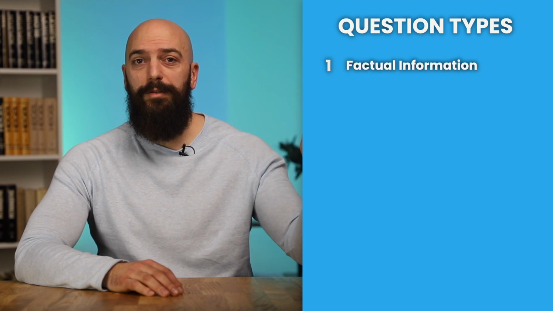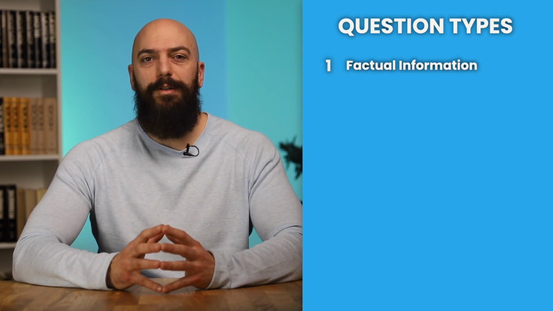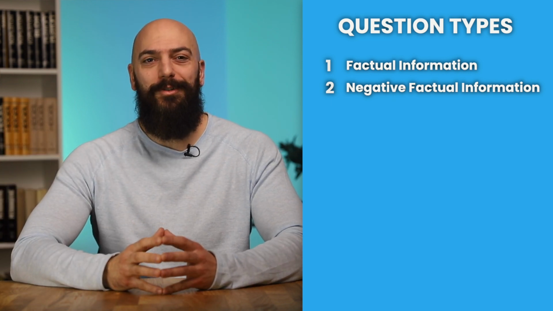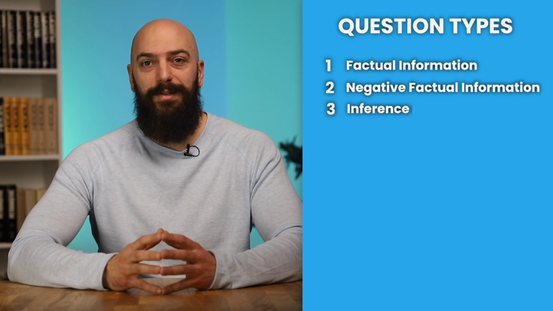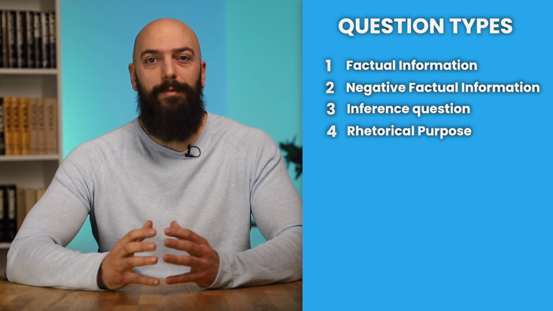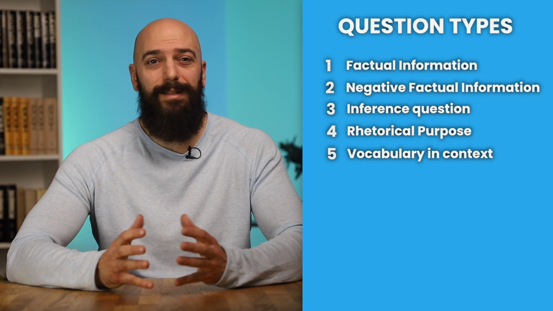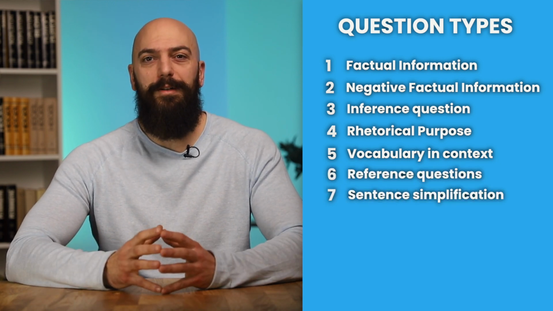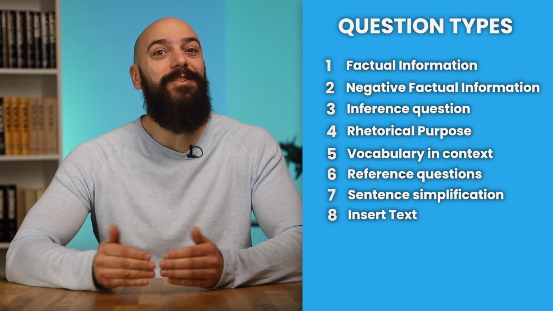The TOEFL reading question types are Factual Information Question, also known as a detailed question, Negative Factual Information Question, also known as Except or Not Question or Missing Detail Question, Inference Questions, Rhetorical Purpose Questions, Vocabulary in Context, Reference Questions, Sentence Simplification or Paraphrase Questions, Insert Text or Sentence Insertion Questions. All of these fall into a category of basic information and inference type of questions. And in total, you will see 9 of these per passage.